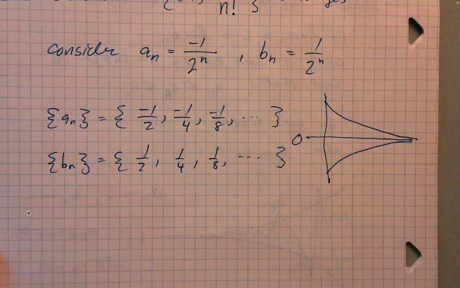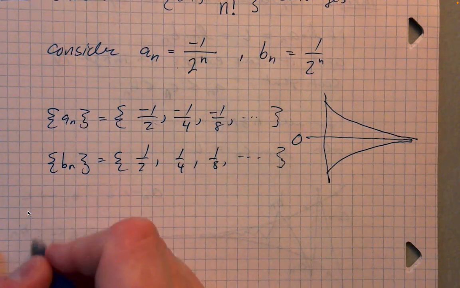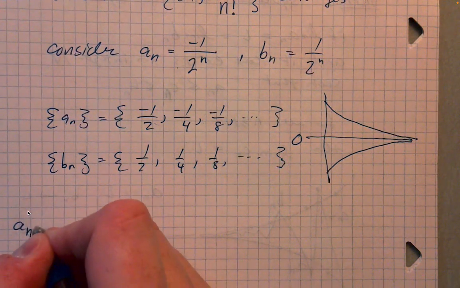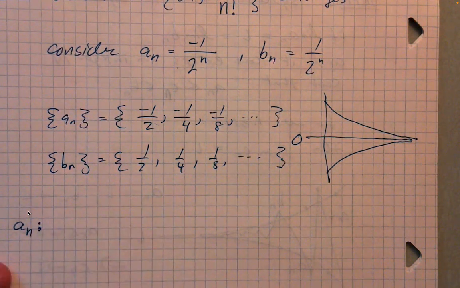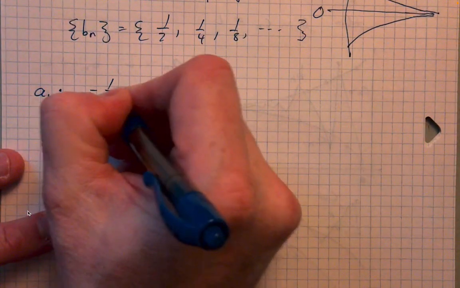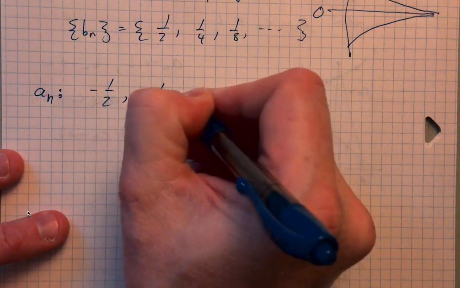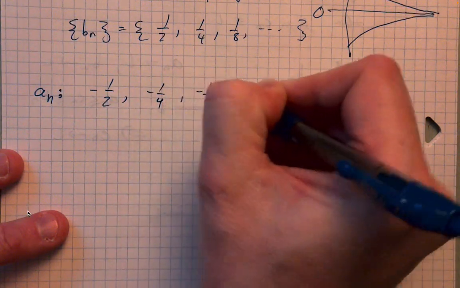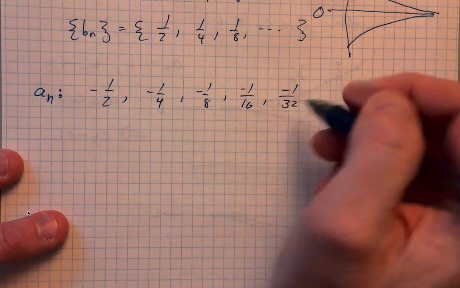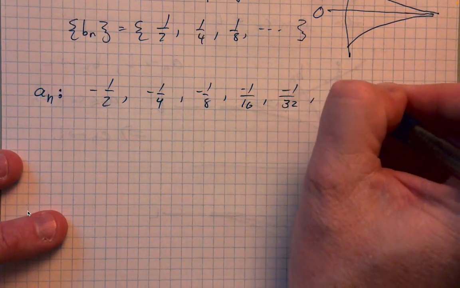So what does c of n look like? Let's actually write some of these terms out here. I think this will be instructive. So a of n, I'll just rewrite the terms: negative 1/2, negative 1/4, negative 1/8, negative 1/16, negative 1 over 32, and so on.